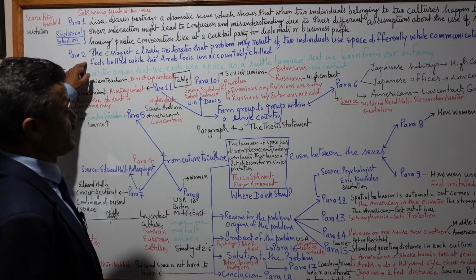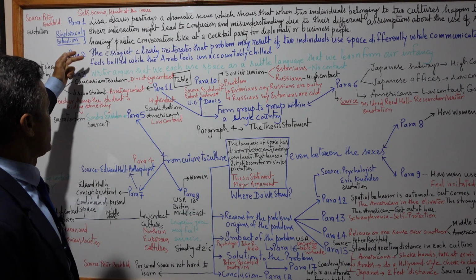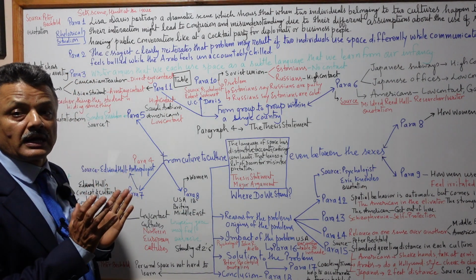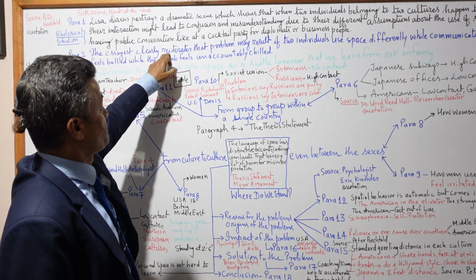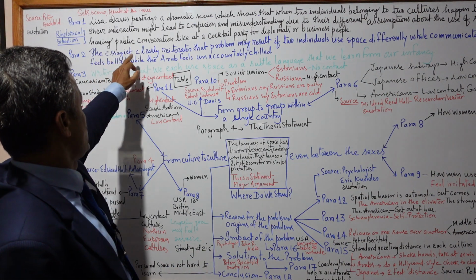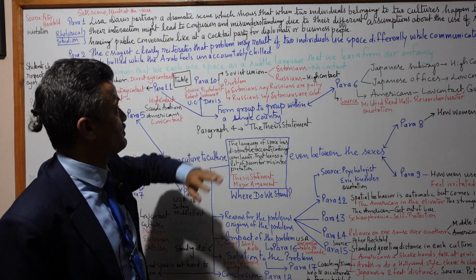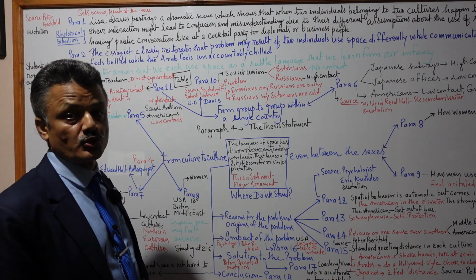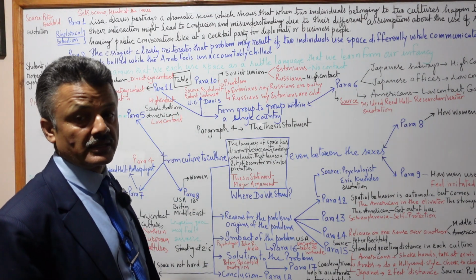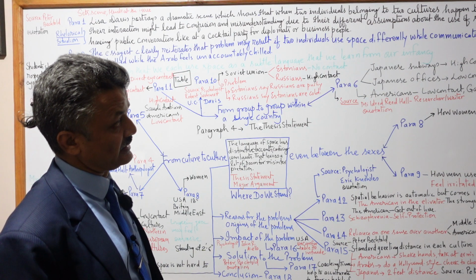Now, as you move to paragraph 2, the writer narrows down and more clearly repeats the problem. The essayist clearly reiterates that the problem may result if two individuals use space differently while communicating.